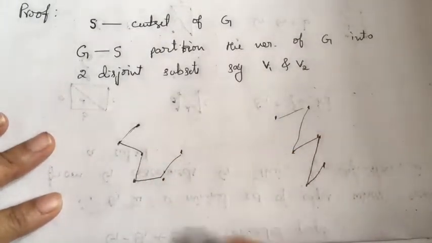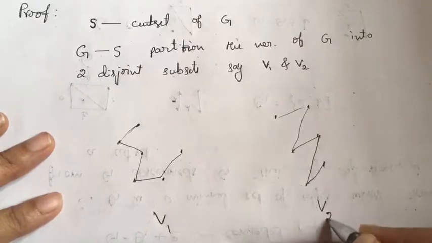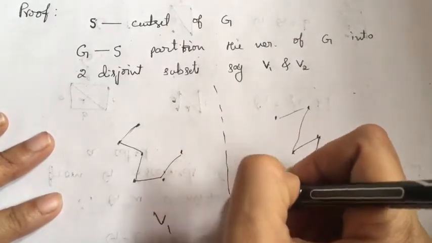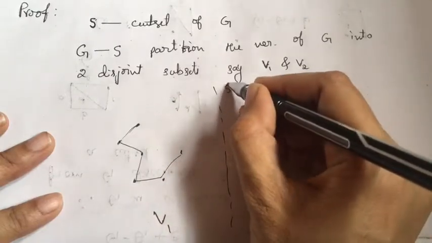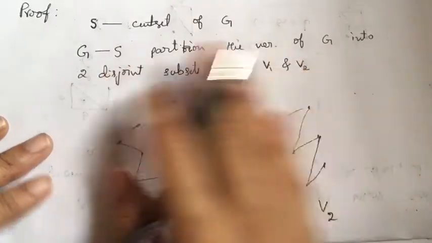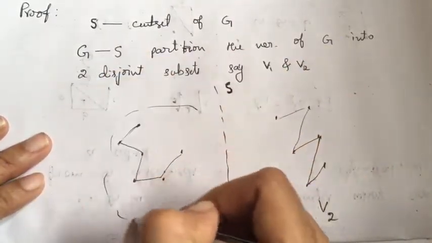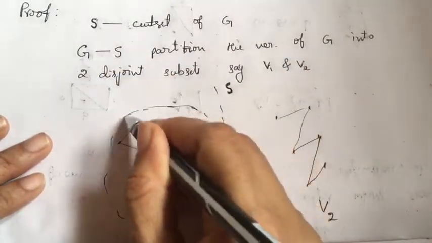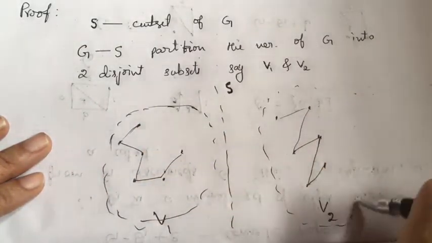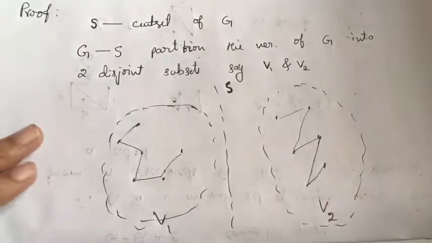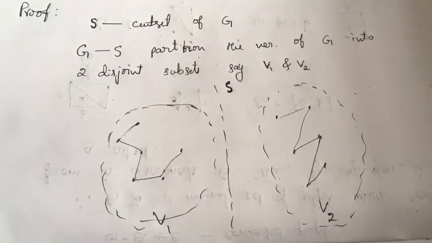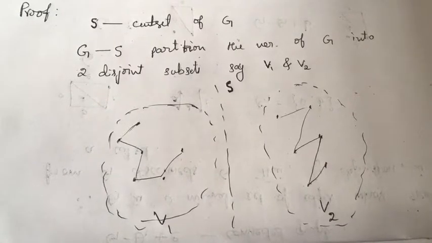This is giving me vertex sets V1 and V2. This is after I take the partition after removing S from G. So my vertex set is partitioned into two sets. This is one set, that is V1, and this is another set, V2.